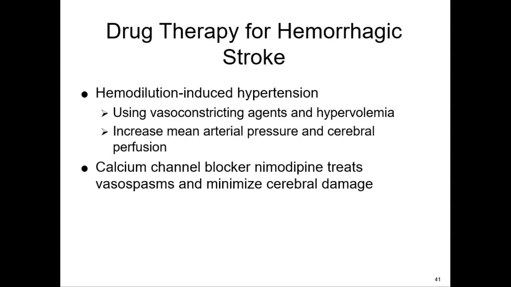So basically we increase mean arterial pressure and cerebral perfusion by using those vasoconstricting agents. And calcium channel blocker nimodipine treats vasospasms and minimizes cerebral damage. So it's a drug we talked about earlier, but here you see it for your hemorrhagic stroke.